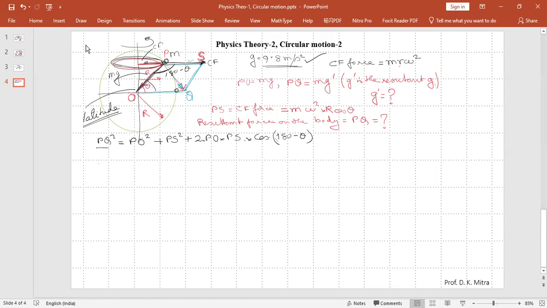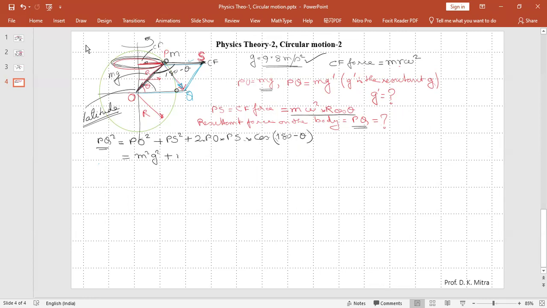So we have PQ square and we have to find out PQ. So now we can easily find out everything. What is PO? PO is mg. So this is m square g square. What is PS? Is m omega square r cos theta.